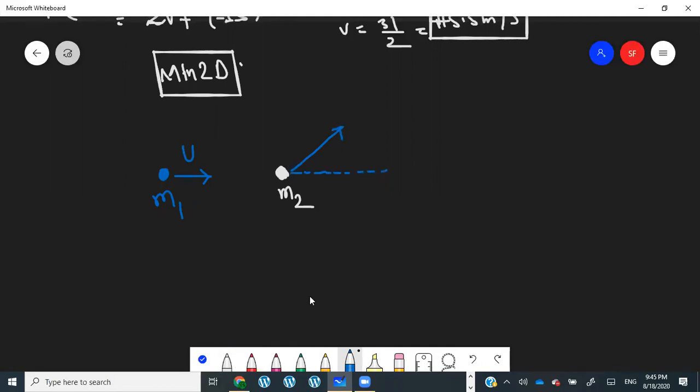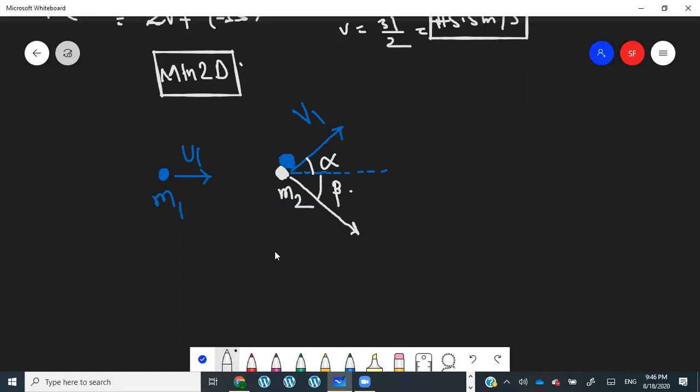Let's assume this angle is alpha degrees, and the velocity with which it moves upwards is v1. So u1 was its initial velocity and v1 is the final velocity, whereas m2 also changes its path and moves at an angle to the horizontal downwards, and the angle at which it moves downwards is beta.